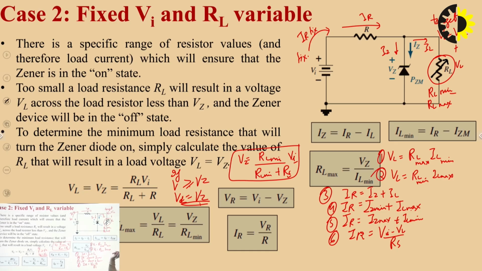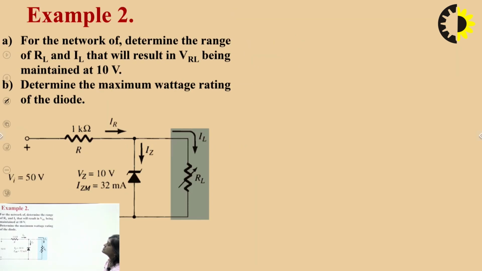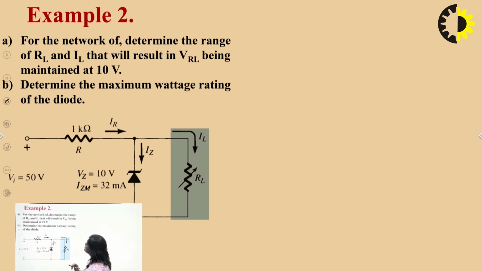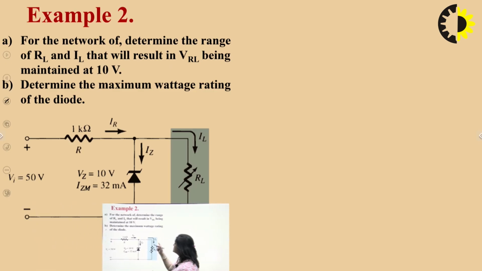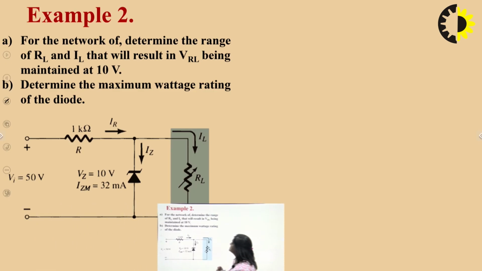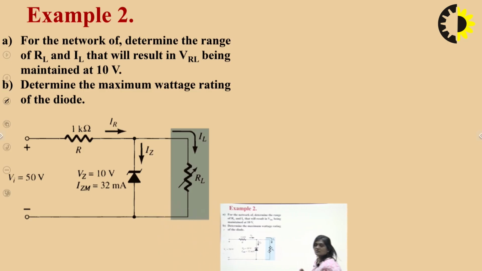VL upon IL minimum. And for IL minimum, we can use this formula: IR is equal to IZ max plus IL minimum. So here we can see a variable load is given, and we have to find the value of load resistance, and the value of the load current also, and determine the maximum wattage rating of the diode.